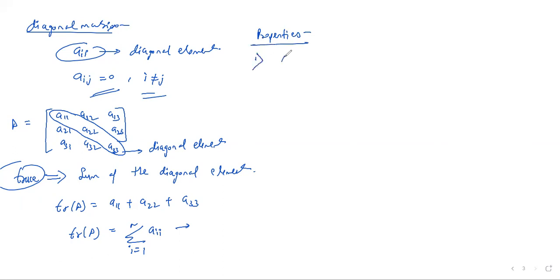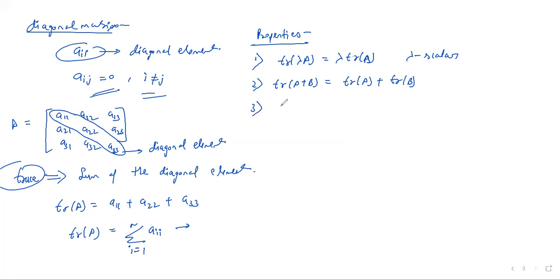The trace of alpha A, where alpha is a scalar, is equal to alpha times the trace of A. That means if I multiply a matrix by a scalar and then take the trace, it is equal to taking the trace of the matrix and multiplying it by the scalar. The second property is that the trace of A plus B is equal to the trace of A plus the trace of B, which means if I take the sum of two matrices, the trace will be the trace of A plus the trace of B.